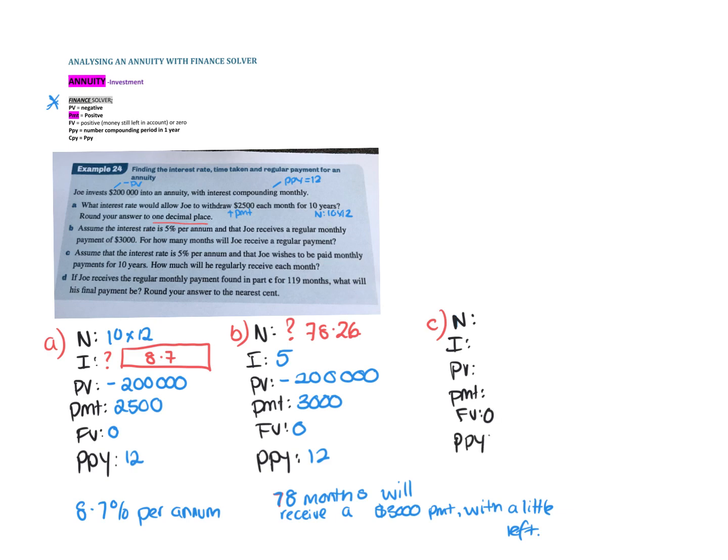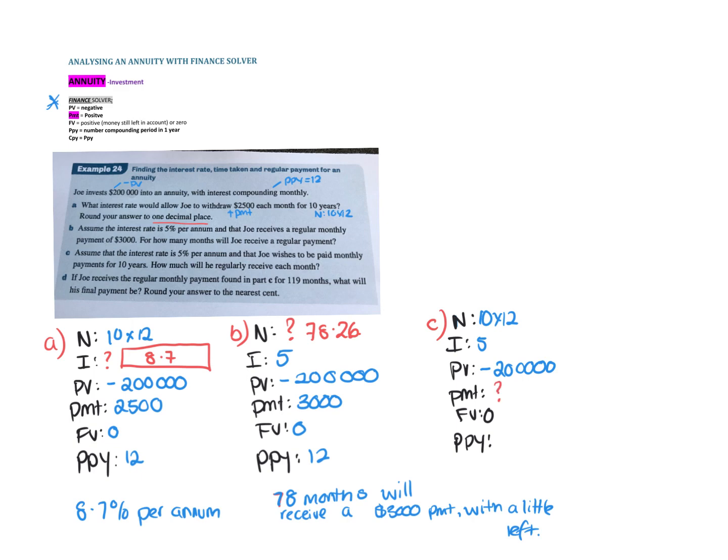They're saying he is at this 5% for 10 years, so 10 times 12, and he's still investing that 200,000. They're asking how much will he receive regularly, so that's the payment.